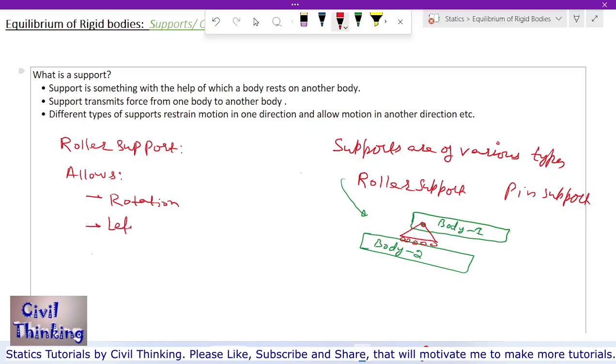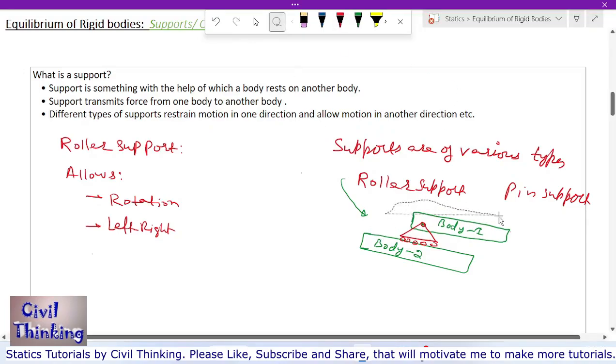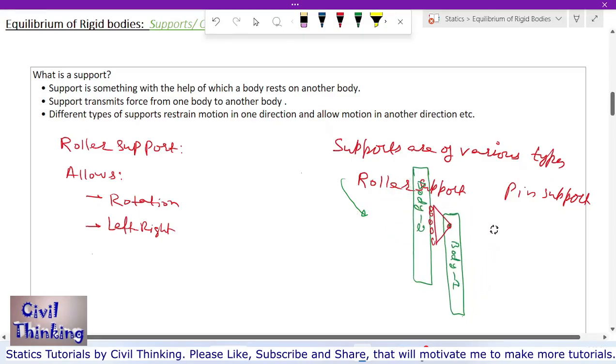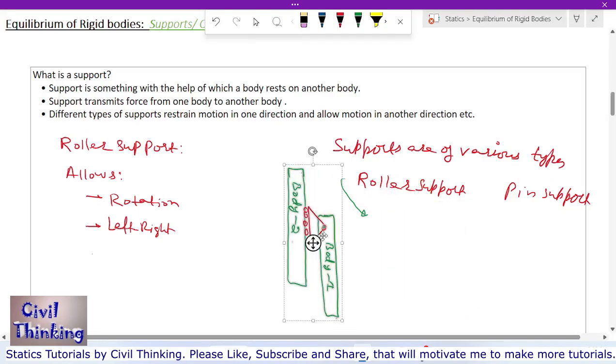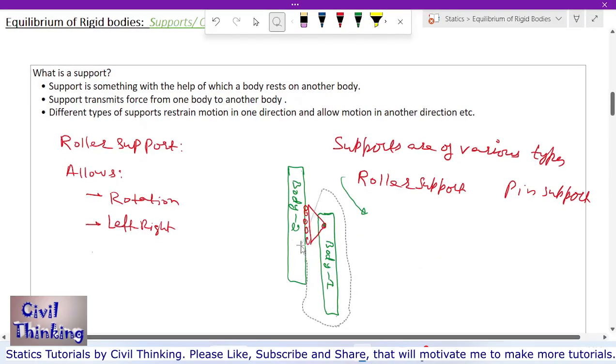Now the structure can also be like this, for example. In this case it will allow up down motion only. It cannot allow left right motion. It can allow motion like this.